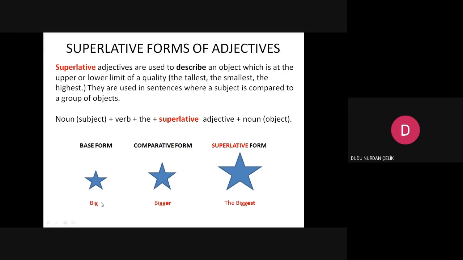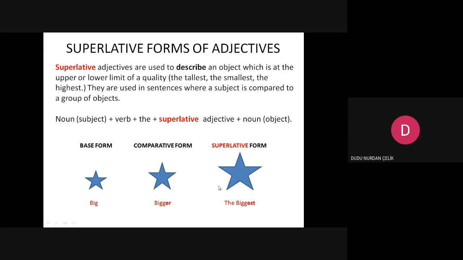Look at this group of stars. We can say big as the base form. There is no addition, big, just the adjective. When we compare the first and the second stars with each other, we can say the second star is bigger than the first star. Bigger.